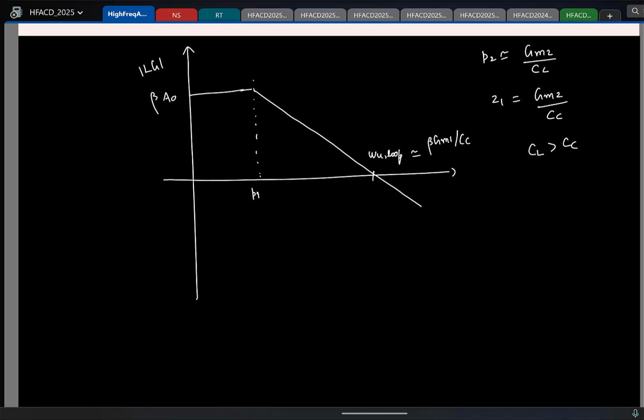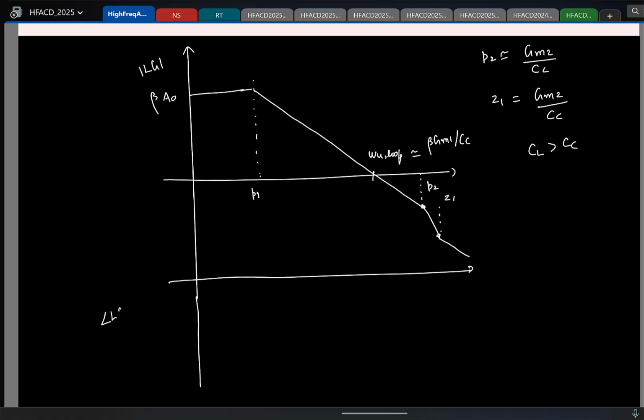Pole or 0? Pole, fine. So I'll make this assumption and say the second pole occurs first. This is pole 2. So then what will happen to the slope? Minus 40. And let us say immediately the 0 also occurs. So the slope comes back to minus 20. This is kind of how the magnitude plot will look roughly.